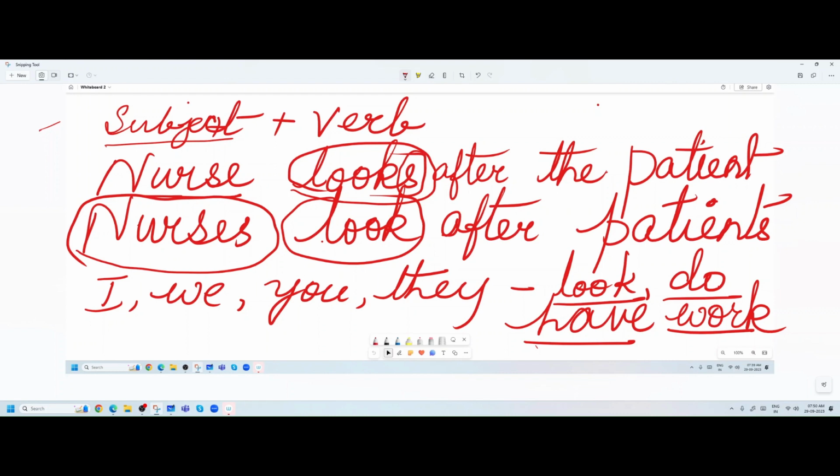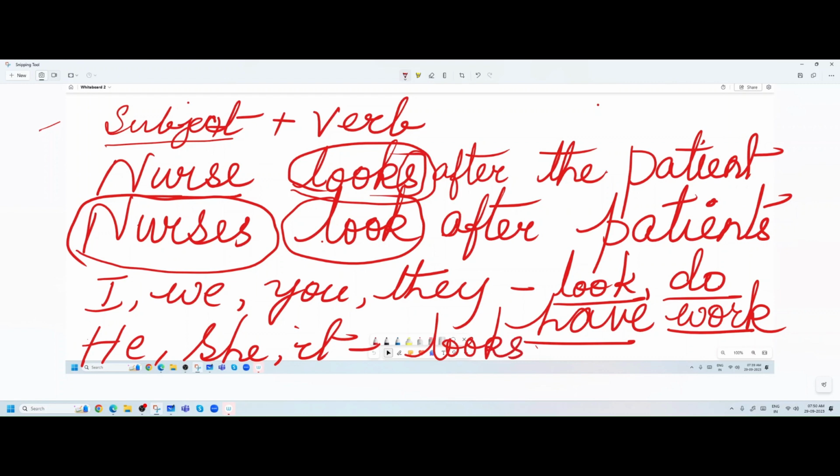Similarly, if my subject is singular, with he, she, it, then the verb has an S. He looks after. He does. I'll change the color so that it gets easier to understand. He looks after his parents.